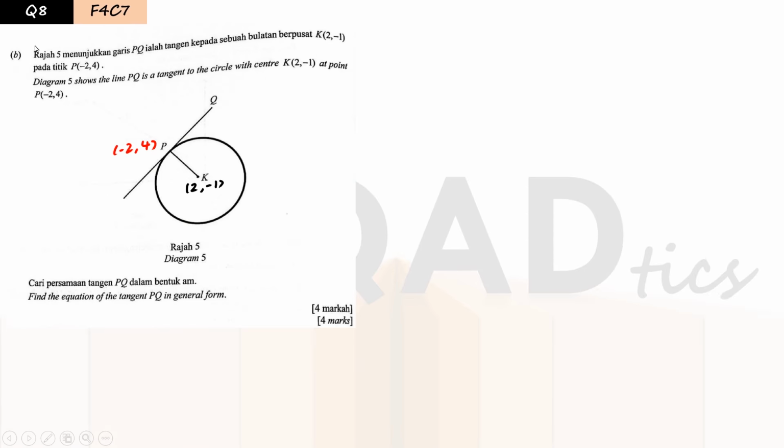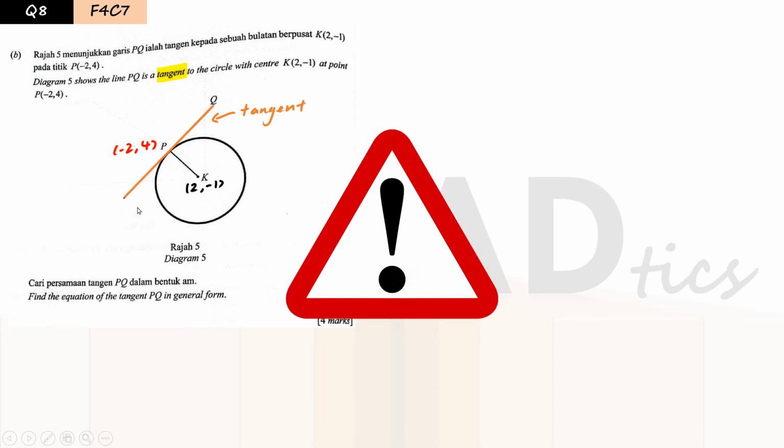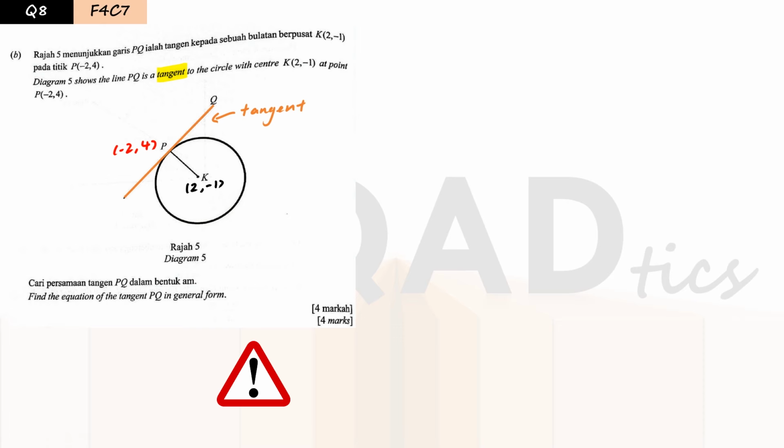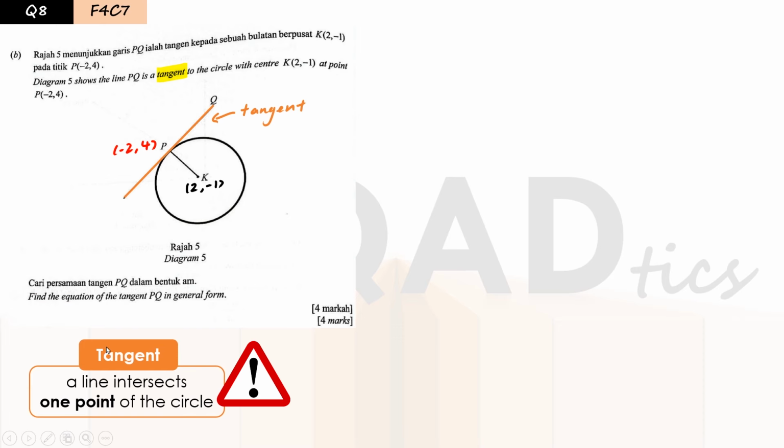Alright, for part B, we have a line PQ, which is actually the tangent to the circle. Alright, so this is the tangent, and if we recall what a tangent is from the previous questions, it is a line that intersects one point of the circle or the curve.